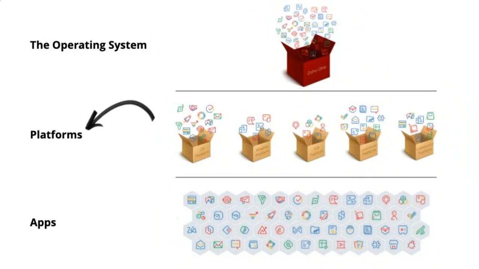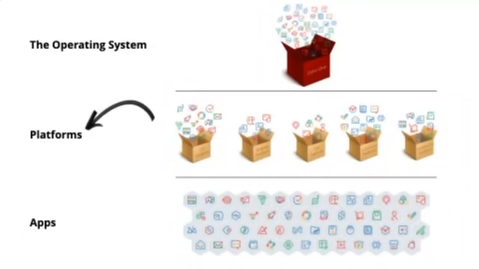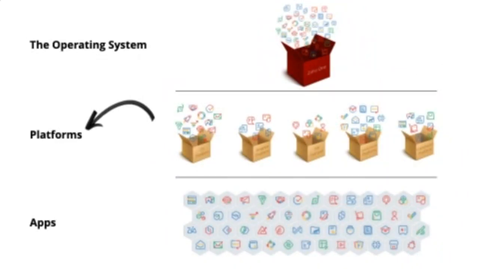And then finally at the top, there's this kind of mega platform called Zoho One, which we refer to as the operating system for business because you get pretty much all of the applications we offer, and with it, you have the tools to support virtually every internal business function that you could think of. But we're not here to talk about Zoho One. We are here to talk about Remotely.